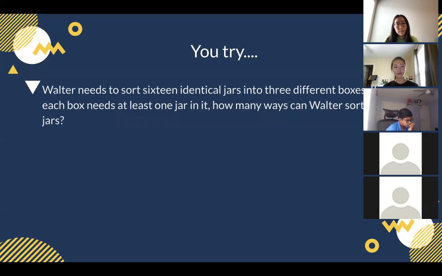Okay, so you try. Now Walter needs to sort 16 identical jars into 3 different boxes. If each box needs at least 1 jar in it, how many ways can Walter sort the jars? Wait, is 286 your answer to this question?